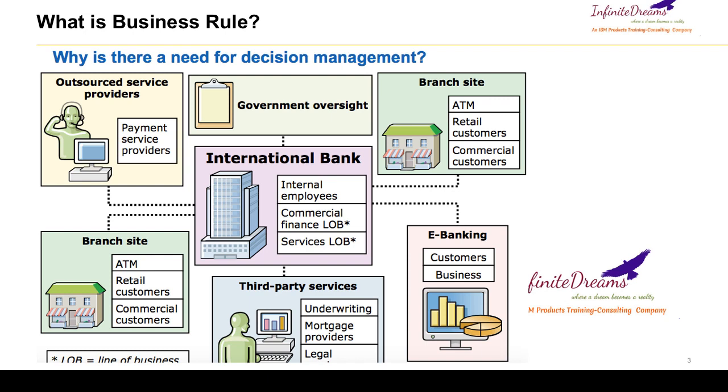So the banking sector is connected to multiple networks. To maintain their business, they will have multiple types of business rules in the backend.